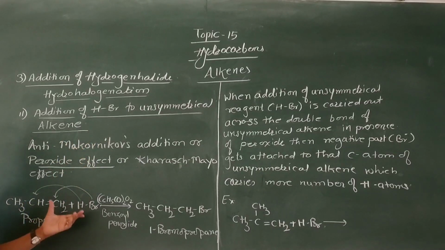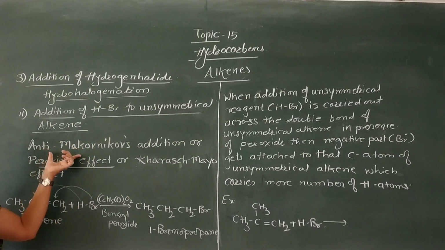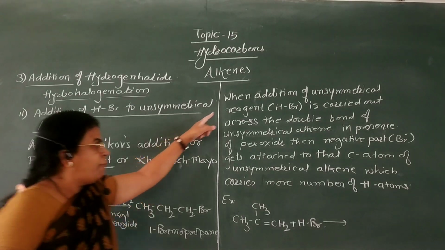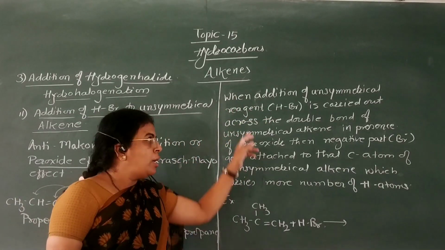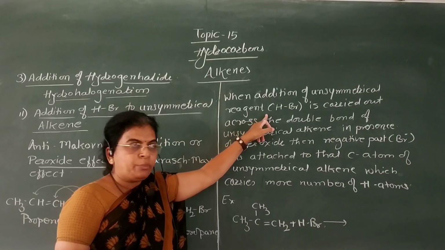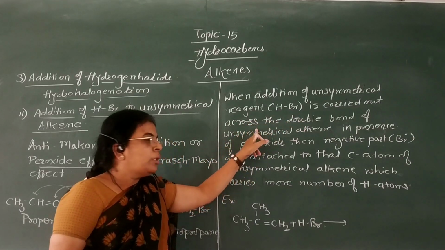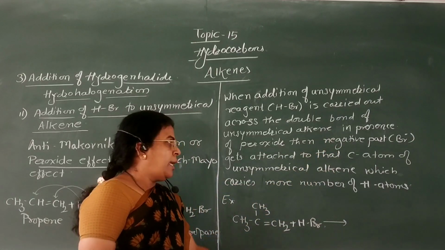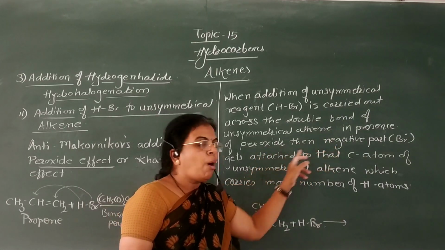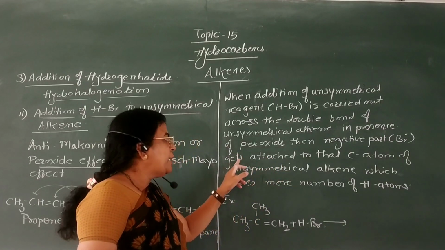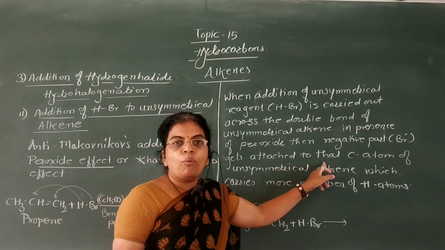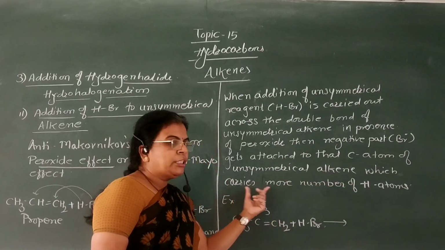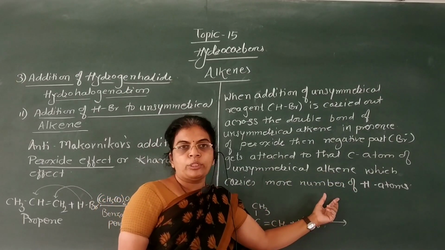Now here the statement of anti-Markovnikov rule or peroxide effect is: when addition of HBr is carried out across the double bond of an unsymmetrical alkene, then the negative part, that is Br minus, gets attached to that carbon atom of the unsymmetrical alkene which carries more number of hydrogen atoms.